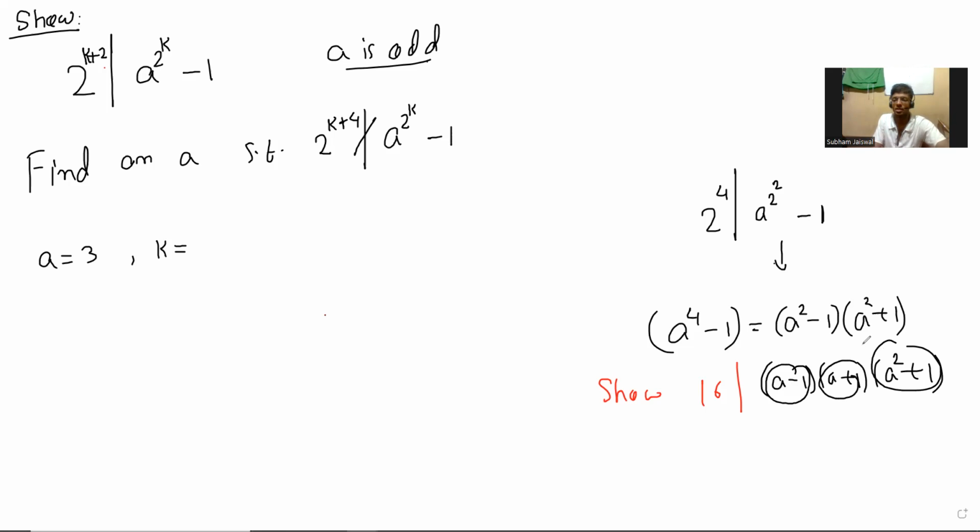So how do we say that? Yes, it's divisible by 16, because these are two consecutive even numbers.